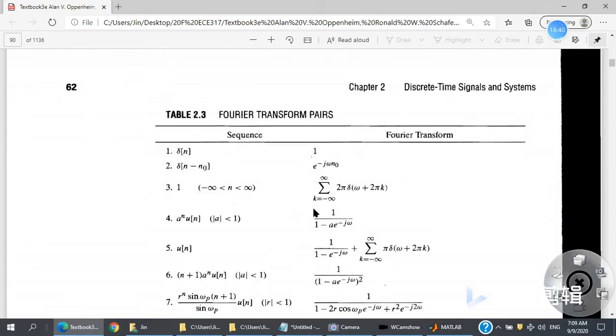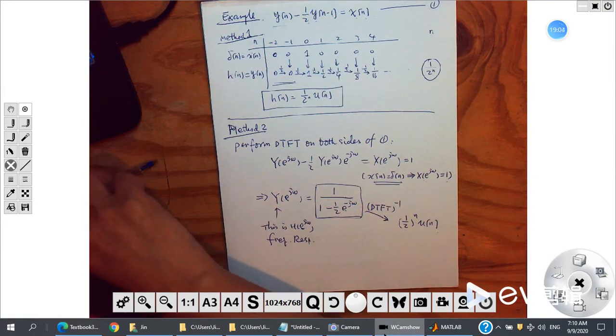Oh, yeah, here. You see, the fourth one, a to the n times u of n. This side is 1/(1 minus a e to the negative j omega). In our example here, we go back, right? So this is the impulse response.